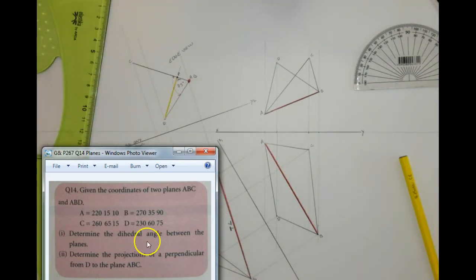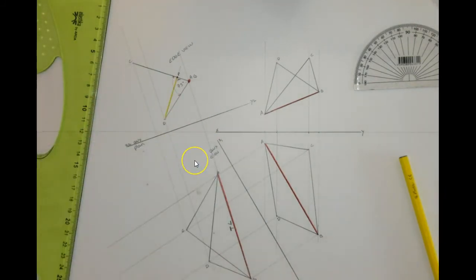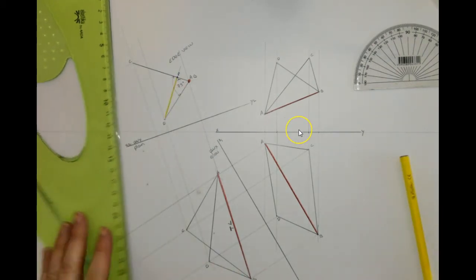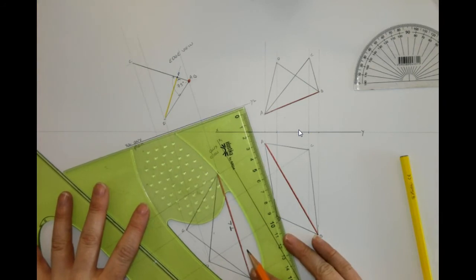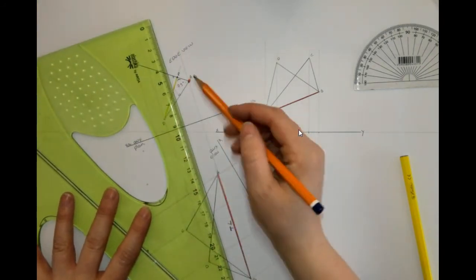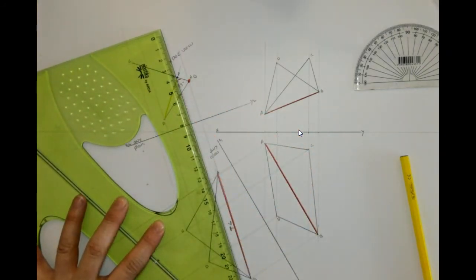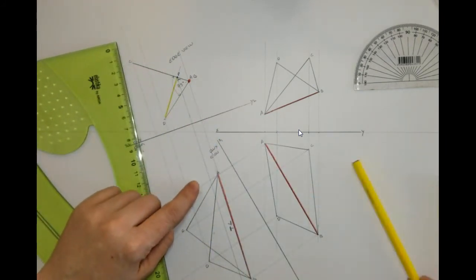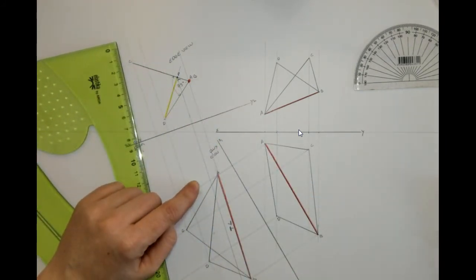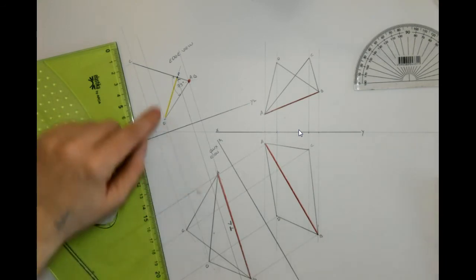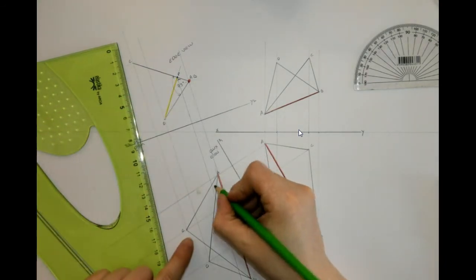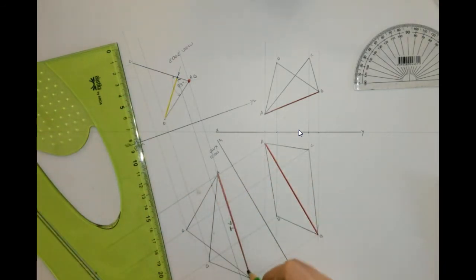Now, what I would like to do is find that point in all the different views. So what I'm going to do is bring it back, and I'm going to bring it back at the same angle that I got my auxiliary plan for. So it's going to come back here parallel. Now, when I bring it back, you'll see that it's cutting the plane AC here, and it's cutting the line BC here.